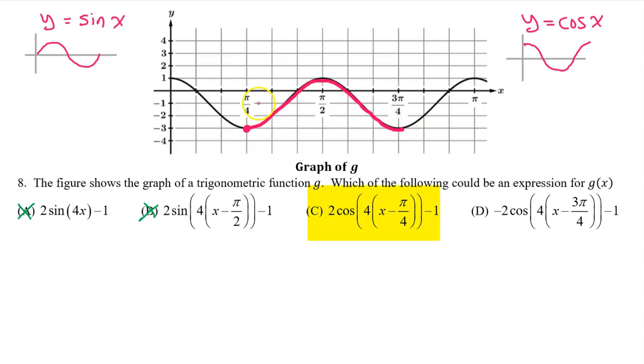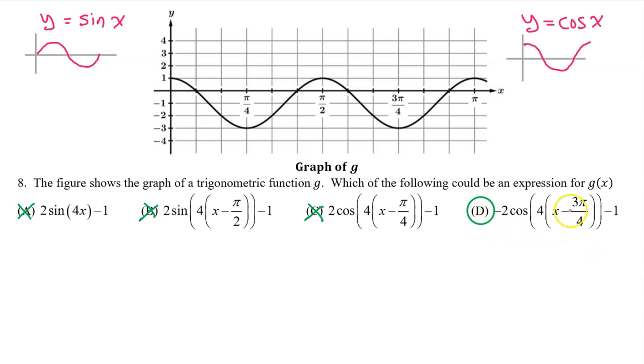However, this would be an upside down cosine function compared to the parent function. That would mean that the option would have to have a negative a value to be correct. And since option C has a positive a value, this is not a match. The correct answer must be D by the process of elimination, but let's follow through and see why D makes sense.